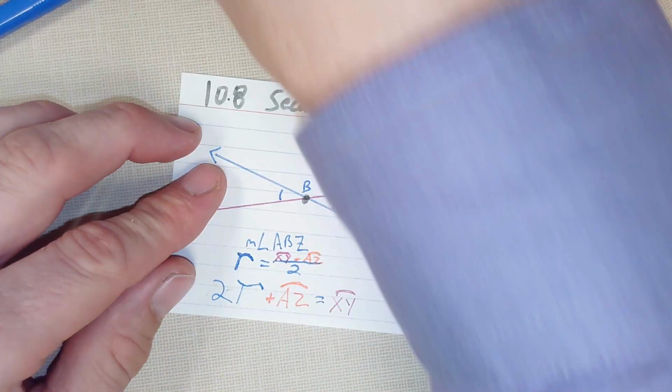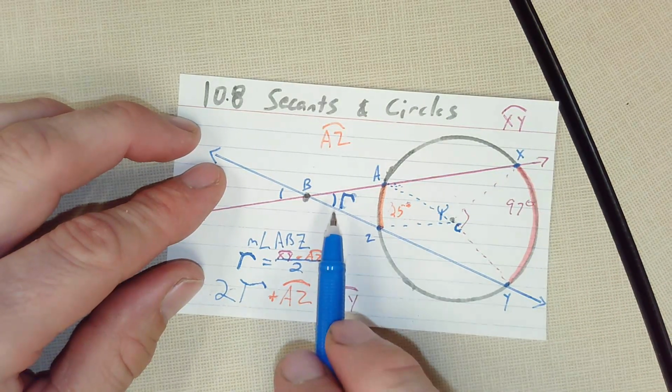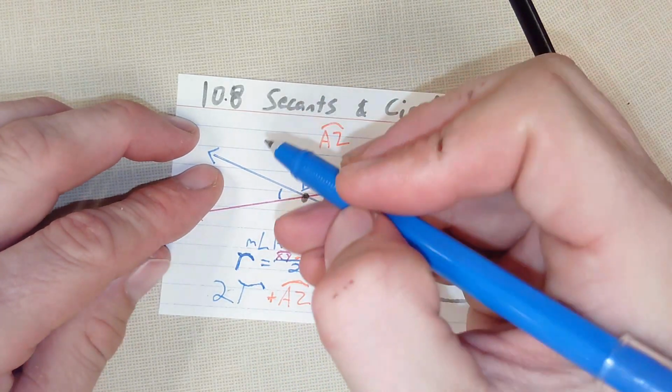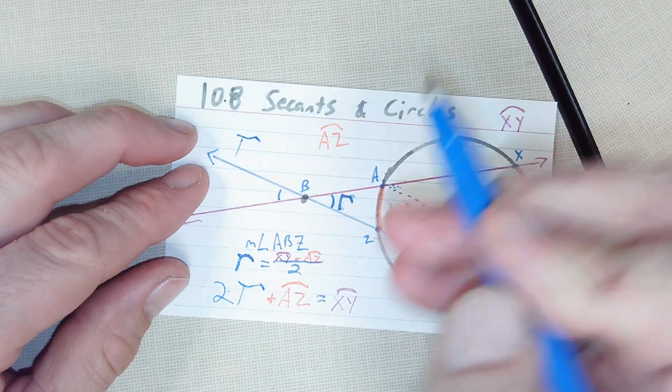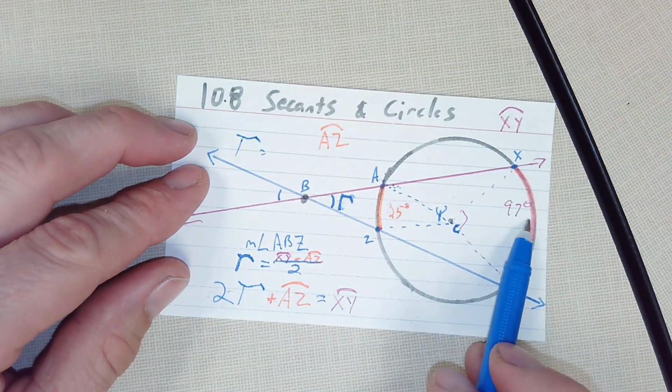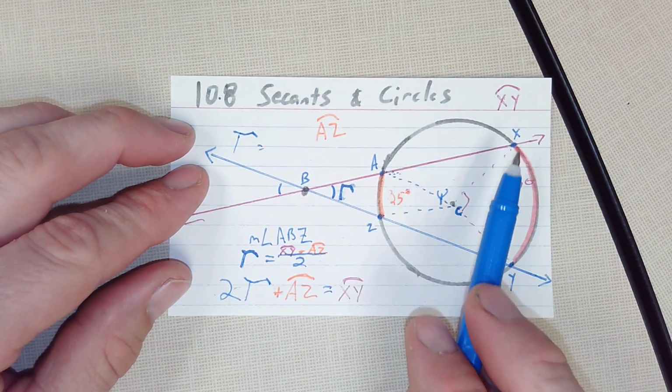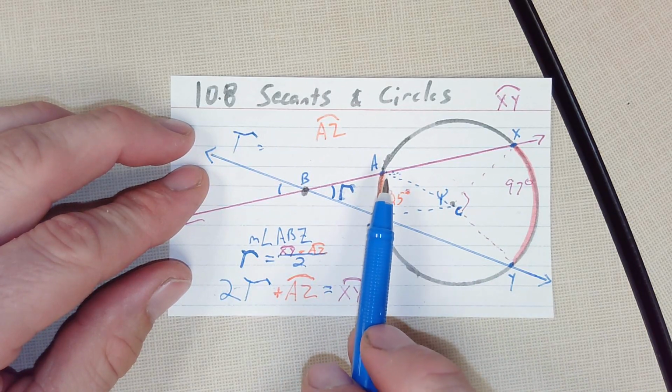Then the measure of our outside secant intersection angle, our uppercase gamma, would simply be the number of our bigger arc measure minus the number of our smaller arc measure, divided by 2.